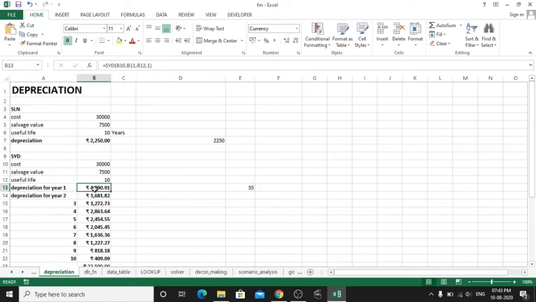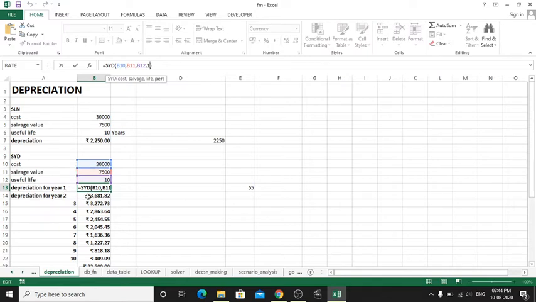Before moving on to the actual calculation like the SLN one here, we will learn how we can use the function SYD. The function SYD has the arguments cost, salvage, life and period. If you are finding the depreciation for year 1, you have to pass the last argument as 1.